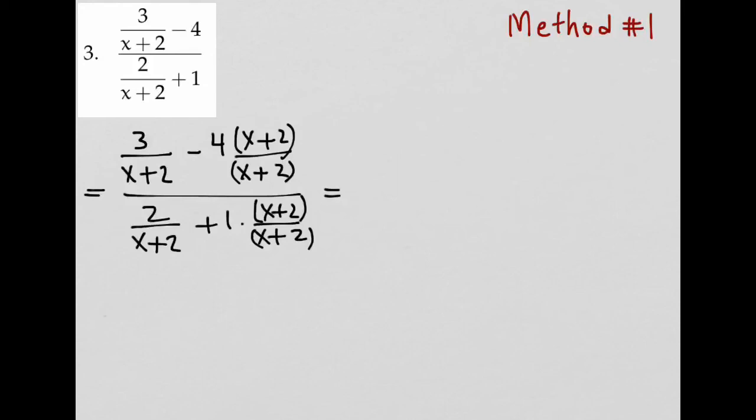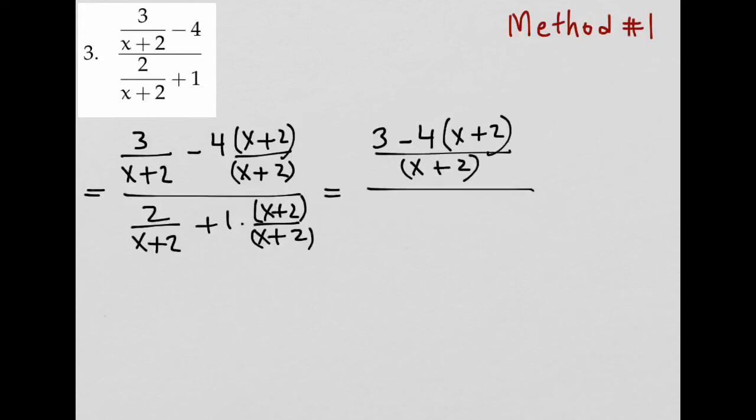That's equal to 3 minus 4 times x plus 2 over x plus 2, all divided by 2 plus x plus 2 divided by x plus 2.